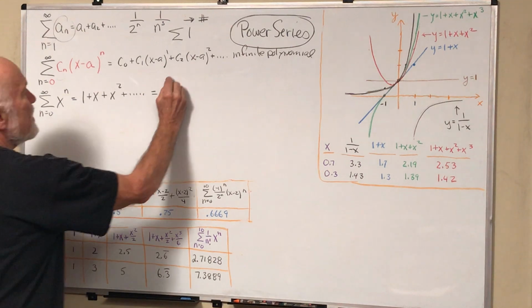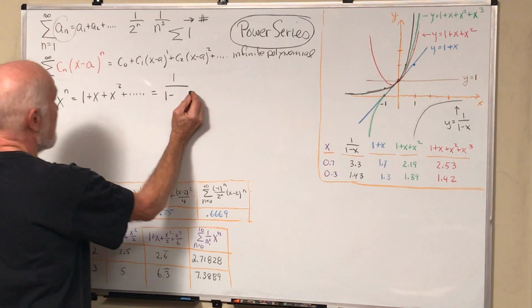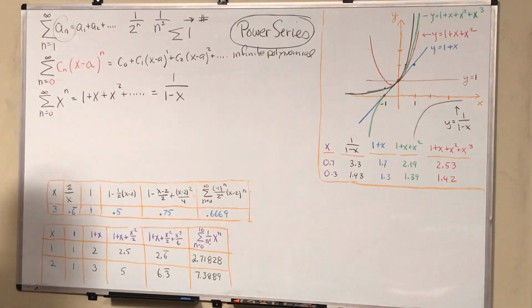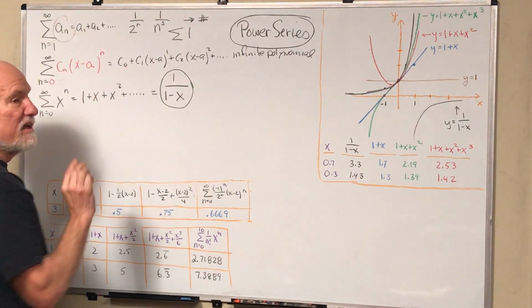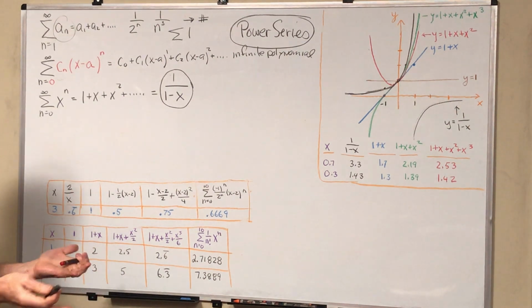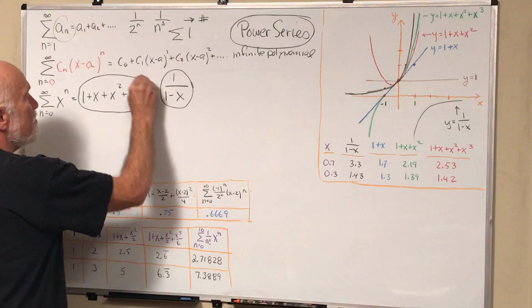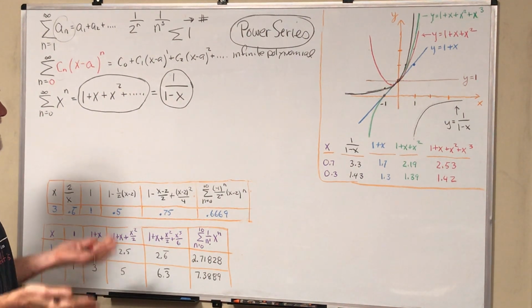It adds up to the first term over 1 minus r. And in this case, r is x. And this should look kind of amazing. What do we have? We have a function that's not a polynomial, that's equal exactly to this polynomial. I think that's pretty exciting.